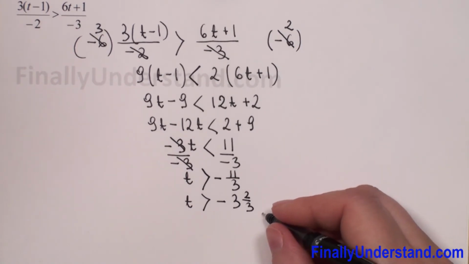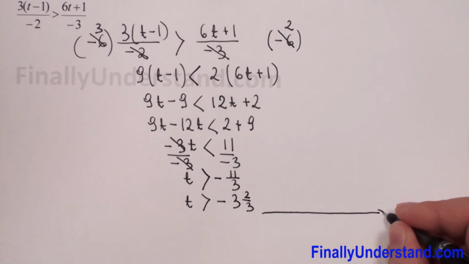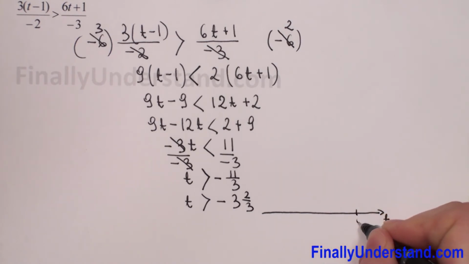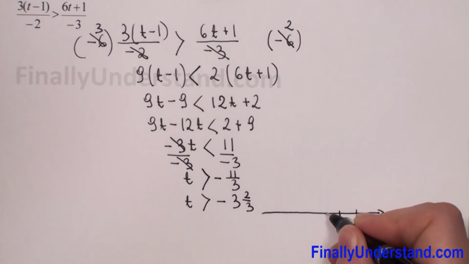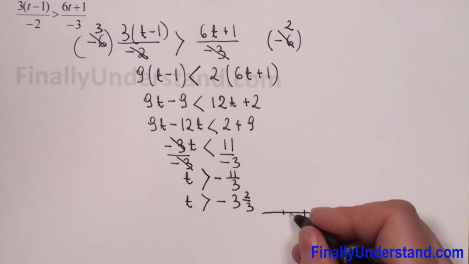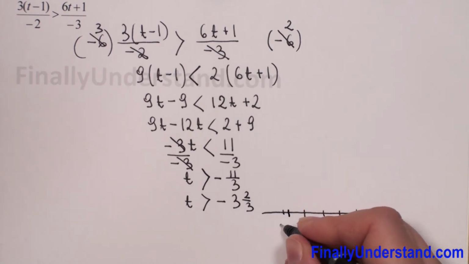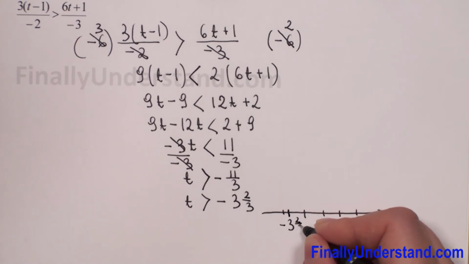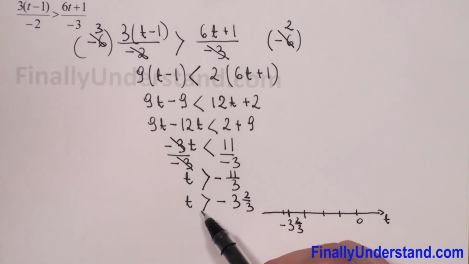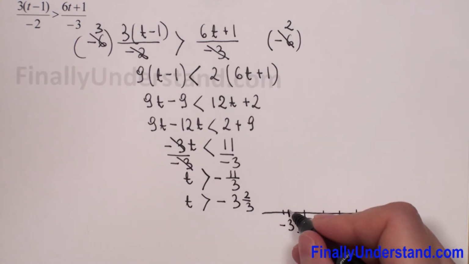Now I have to draw the number line t. We have 0, negative 1, negative 2, negative 3, negative 4 will be here. So negative 3 and 2/3 will be just here. Because I have t is greater than, it means negative 3 and 2/3 will not be included.